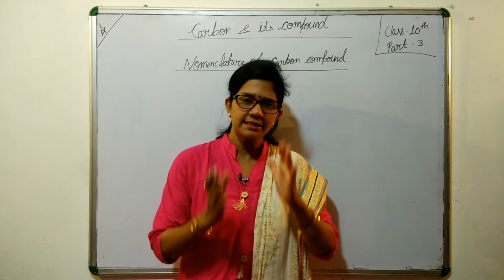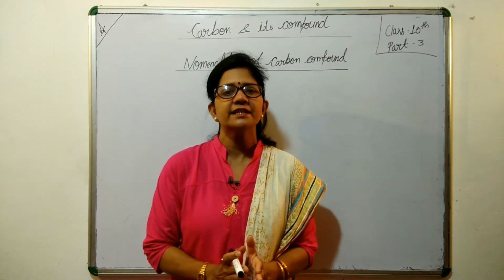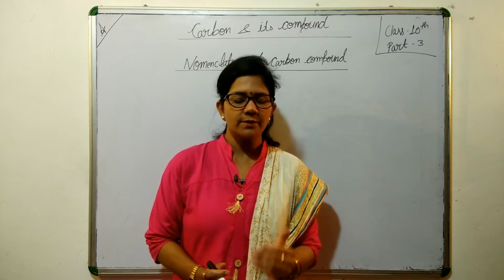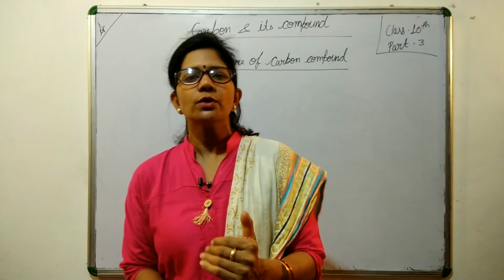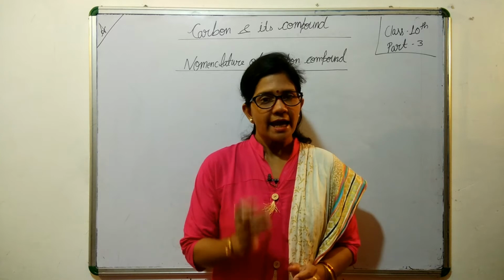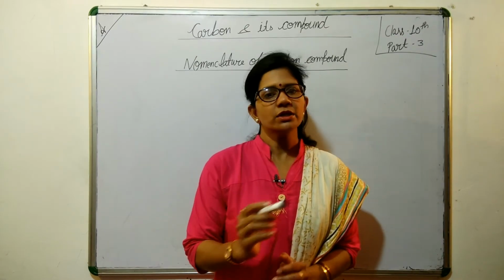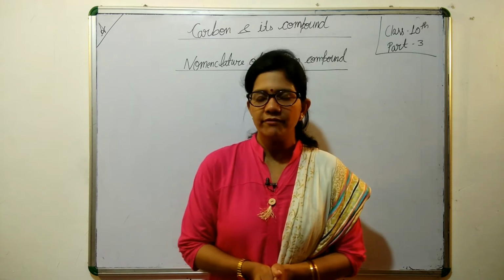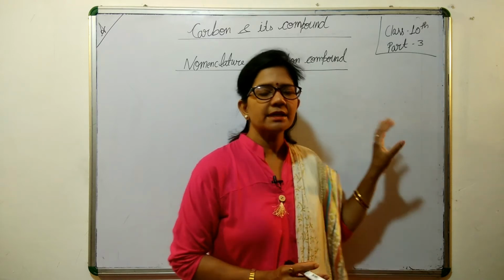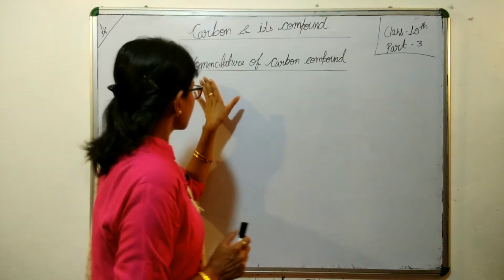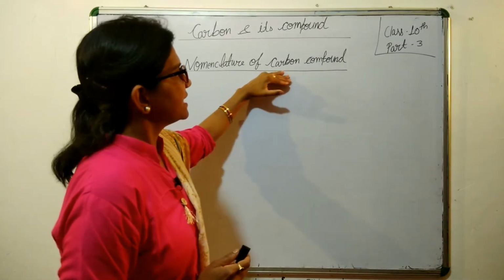It is nothing, just providing a scientific name which follows the proper protocol or proper rules, and we provide them a proper name. This naming should be accepted by everyone and it is your chemical or scientific name. So what is a carbon compound?